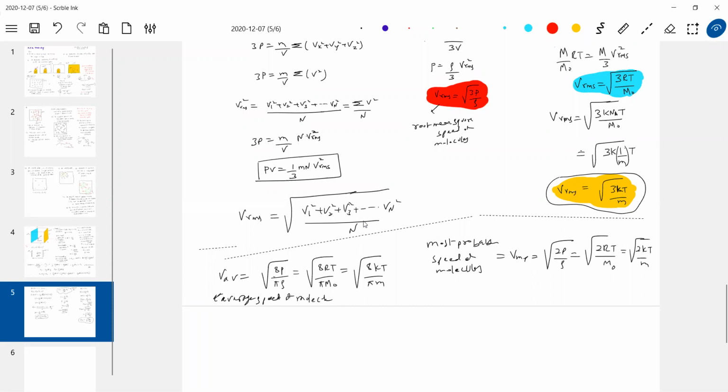Sir, velocity may be positive or negative, so we take the square of velocity. What is this? How are you giving this reason? Somebody is telling, sir, velocity can be positive or negative. If you take the average of that, it will cancel out. That's why, to eliminate that negative sign, we are squaring it.